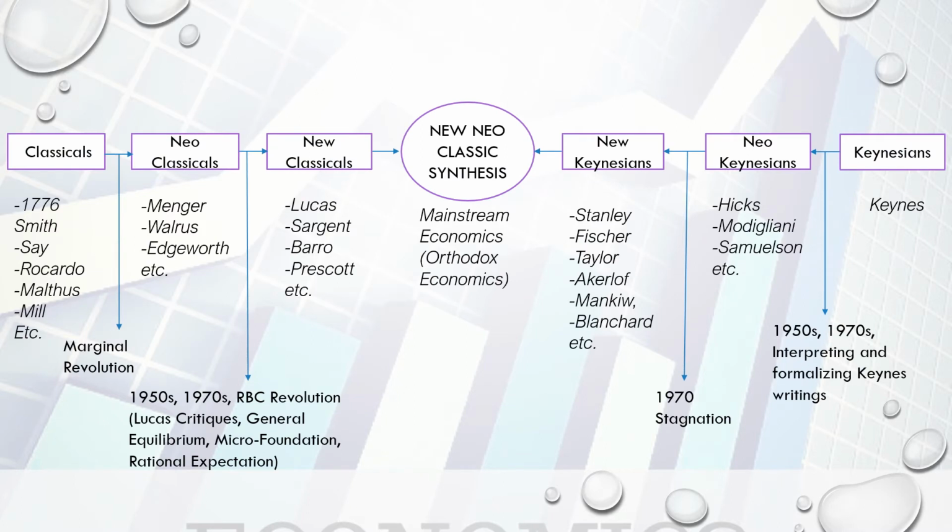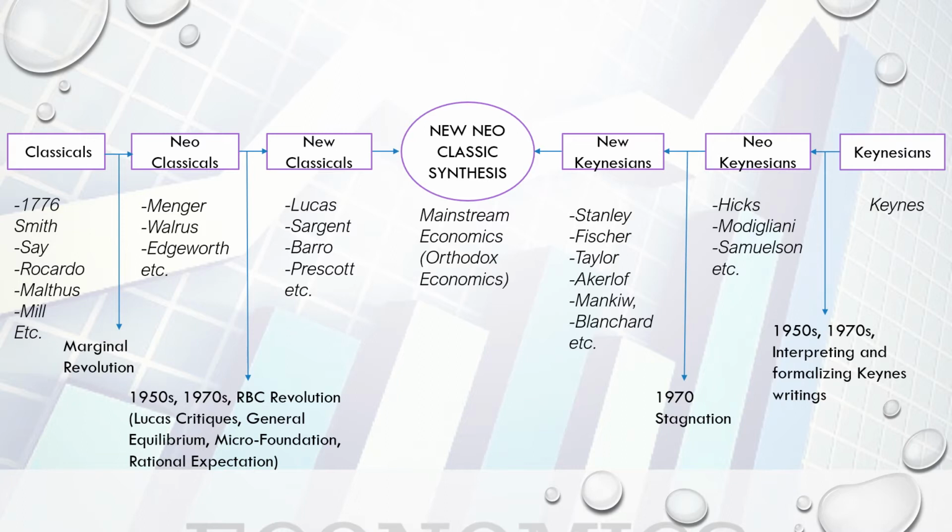Throughout the years, the foundation laid out for these two schools hasn't changed drastically. However, these two schools have transformed due to economic events or due to new economists adding to the existing theories. I will briefly discuss this diagram. Firstly, let's start off with the classicals. The classical transformed into the neoclassicals and then the new classicals.